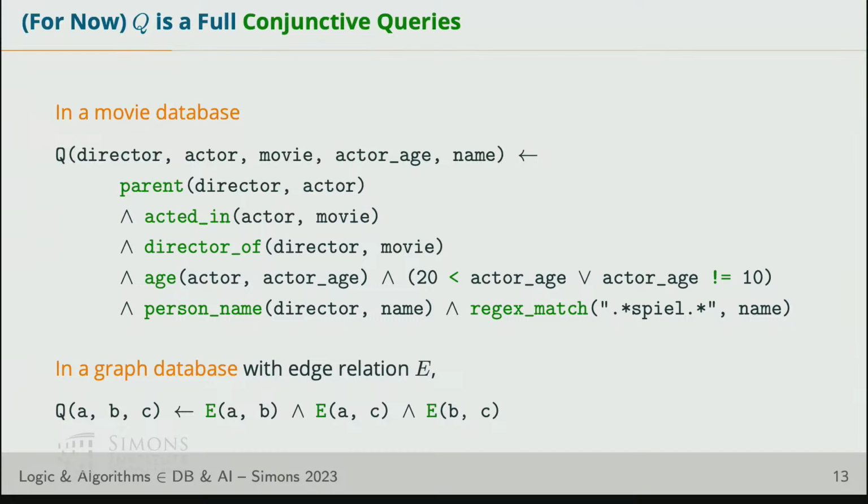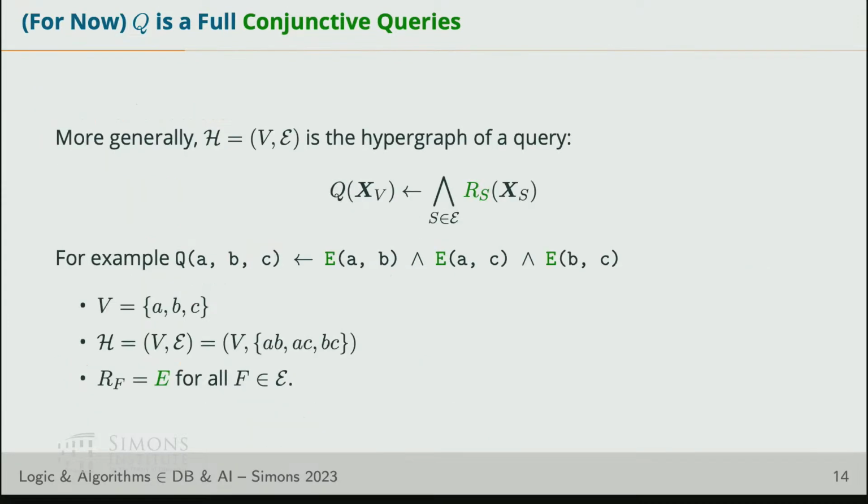Or in a movie database, you would like all the variables, like director, actor, movies, and so on. So there's no exists something. What that means is it will project away some of the variables, right? So for now, let's just focus on queries for which every variable is in the head of the query. And then we'll remove this assumption in the coming tutorials.